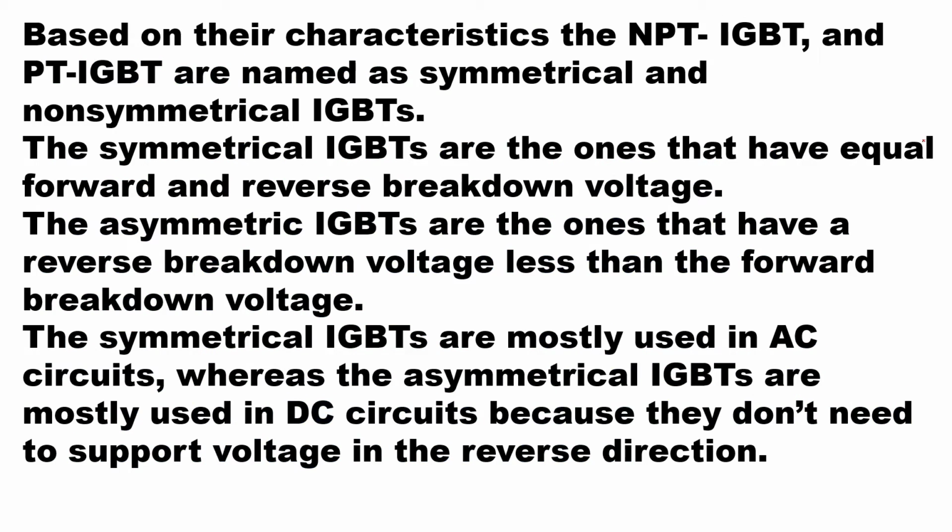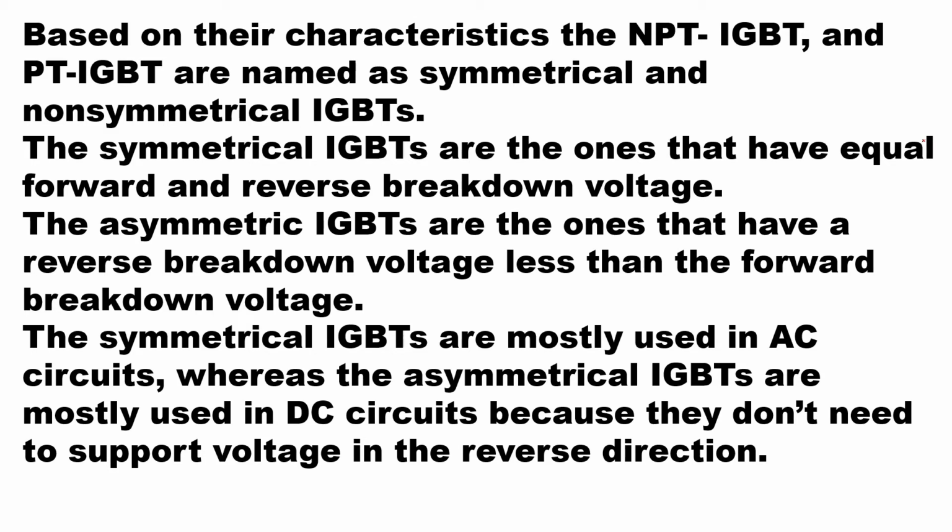Based on the characteristics of NPT, the non-punch through IGBT, and PT, the punch through IGBT, they are named symmetrical and asymmetrical IGBTs. Symmetrical IGBTs have equal forward and reverse breakdown voltage. Asymmetrical IGBTs have a reverse breakdown voltage less than the forward breakdown voltage.